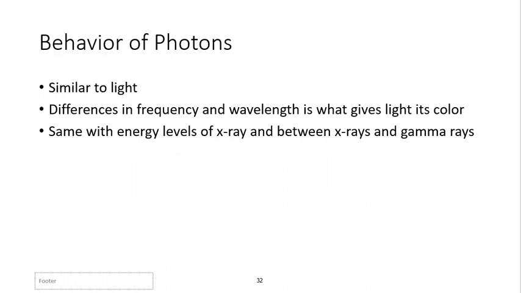So the behavior of photons, they're similar to light. They have some differences, but they have some similarities as well. How they differ in energy level between light and different types of electromagnetic energy is just frequency and wavelength.